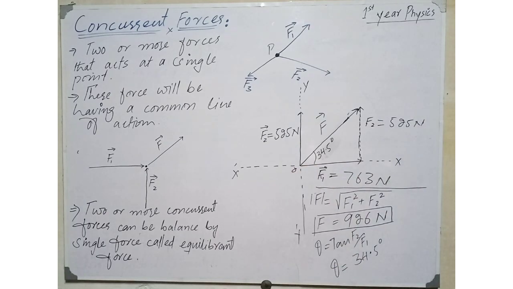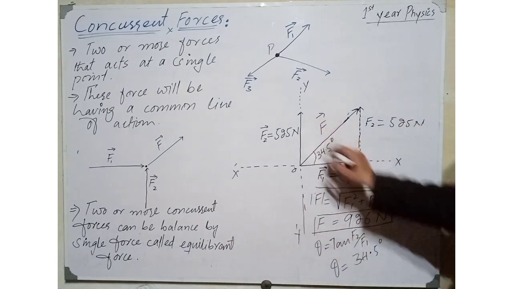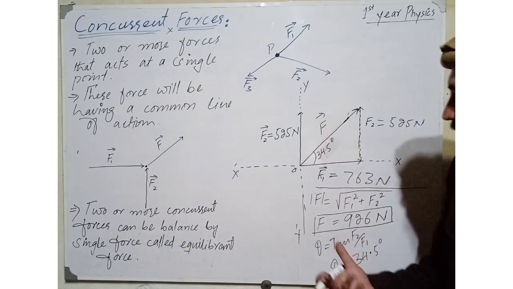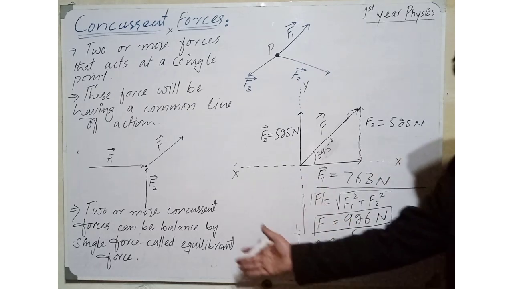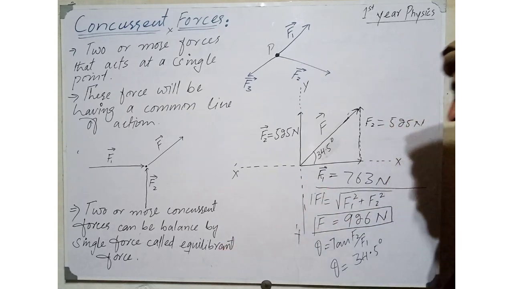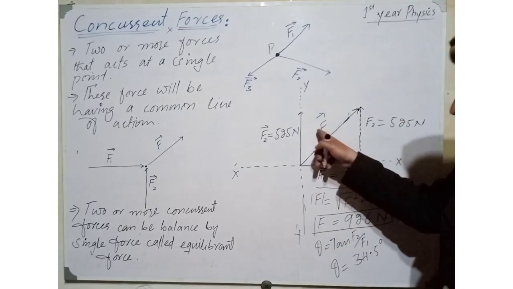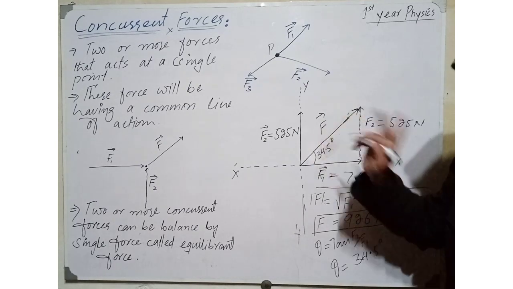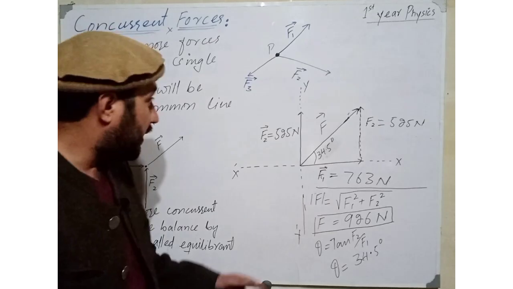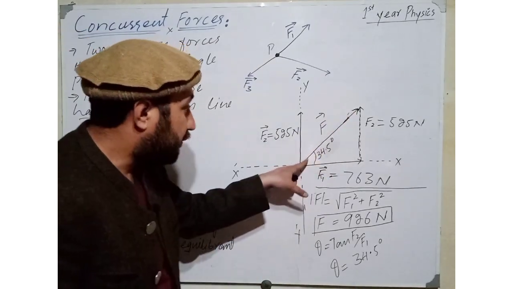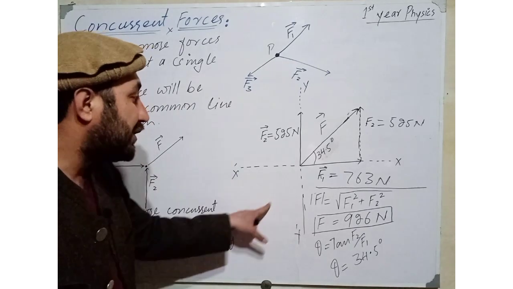Now, as we know, such concurrent forces can be balanced by a single force, which we call the equilibrant force. This equilibrant force has the same magnitude as the resultant force. So there are two properties of such an equilibrant force. Its magnitude will be the same as the resultant or net force, but its direction will be totally anti-parallel or opposite to the resultant force.